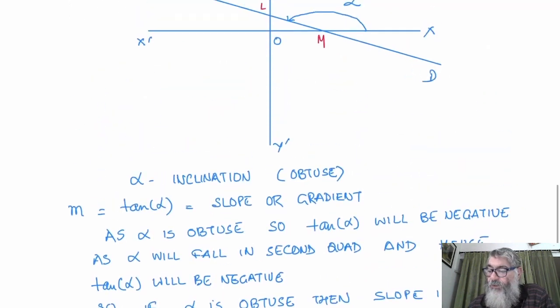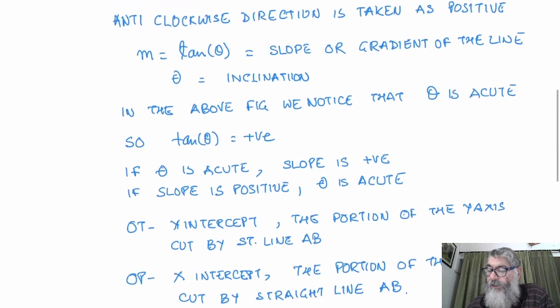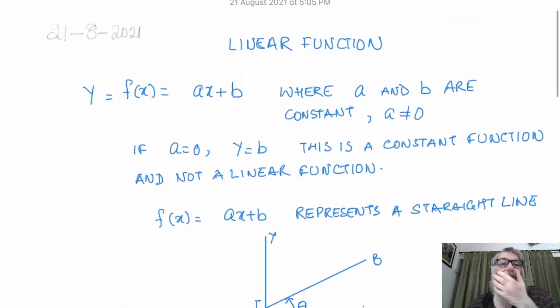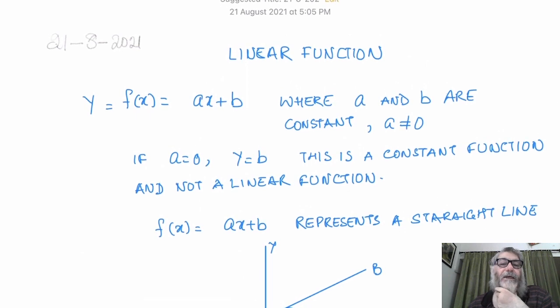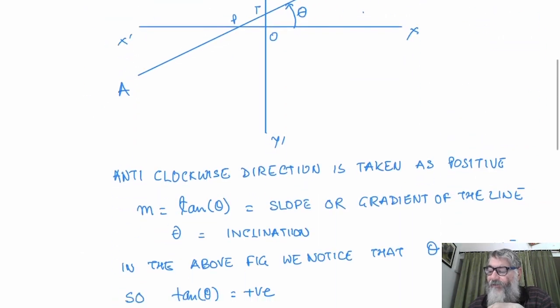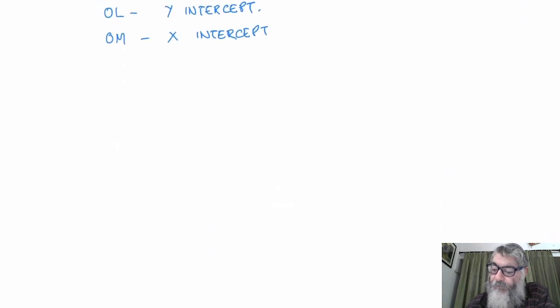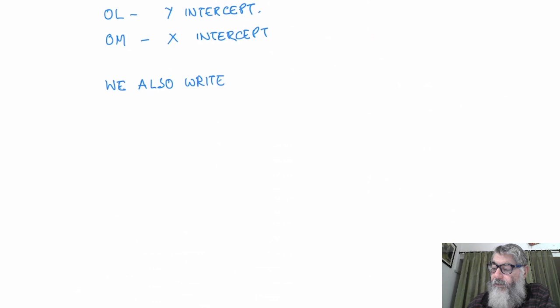So this is your idea about the linear function, and in the linear function you must understand that y is equal to ax plus b, or generally we also write y is equal to mx plus c.